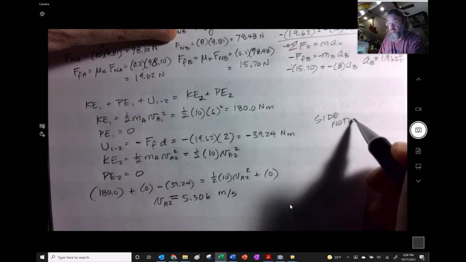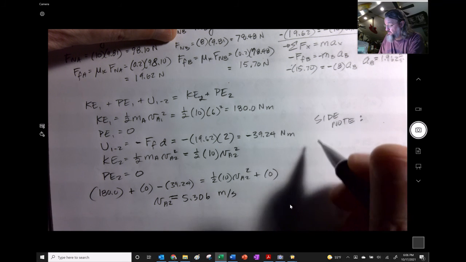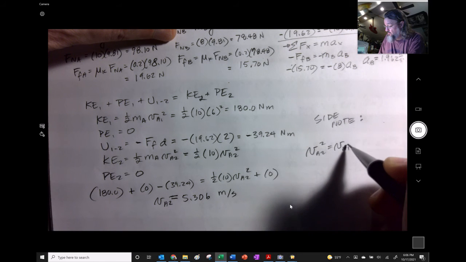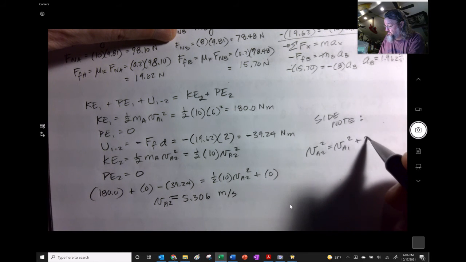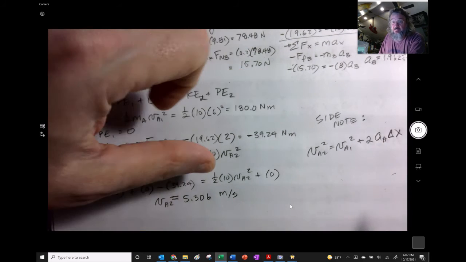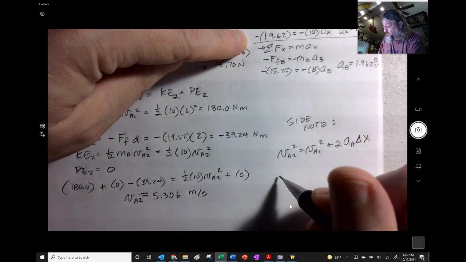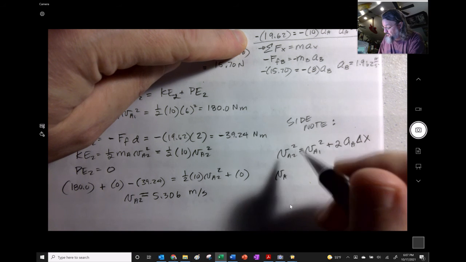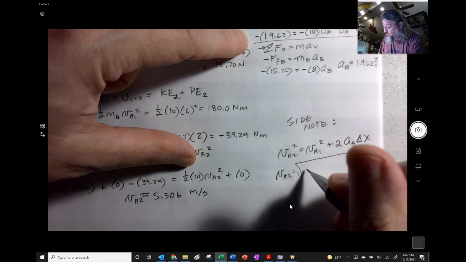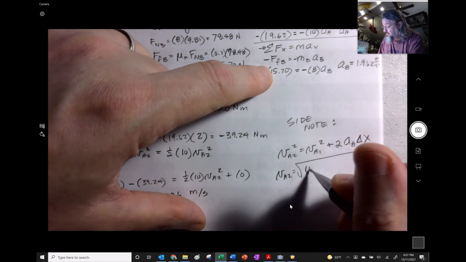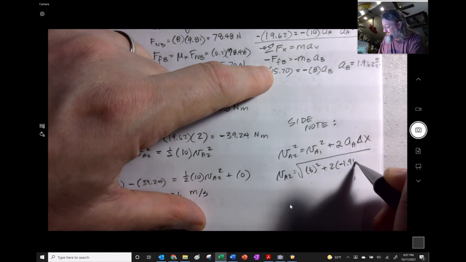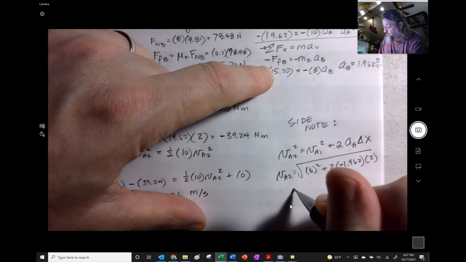On a side note, I could have also found this with VA2 squared equal to VA1 squared plus 2 times the acceleration times the delta x that we had right there, right? So we could have found VA2 as the square root of 6 squared plus 2 times negative 1.962 times 2, right?